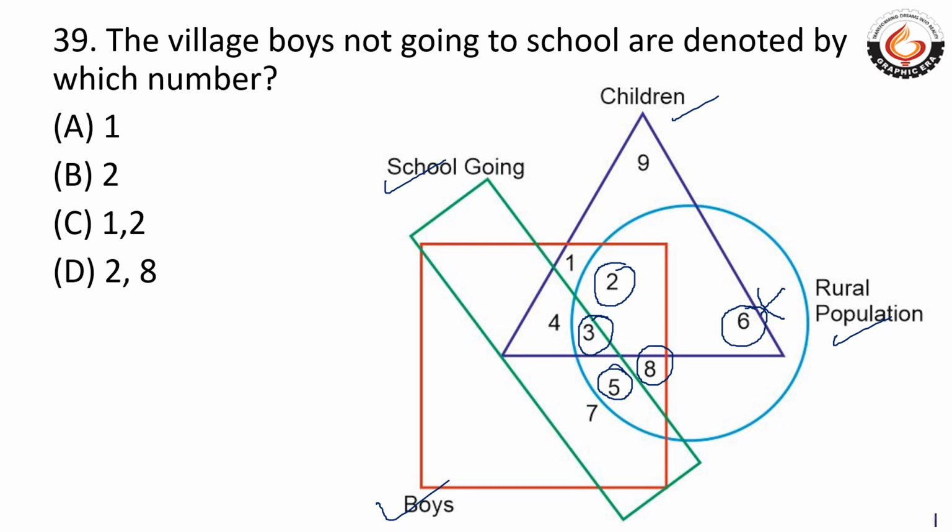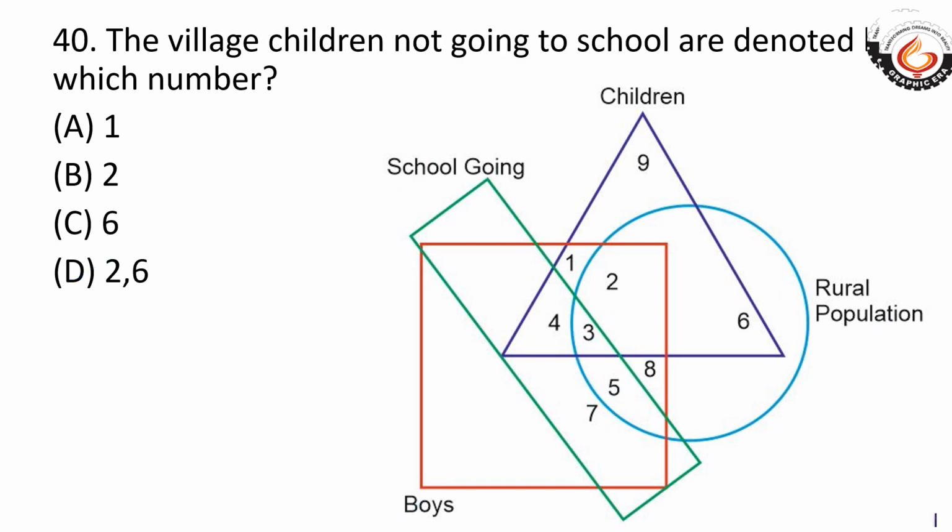Now they are saying not going to school. This 3 and 5 are going to school, so these are also cancelled. Only we are left with 2 and 8. Is there anything else they wanted? No. Village boys not going to school and boys. So option D is the correct one.